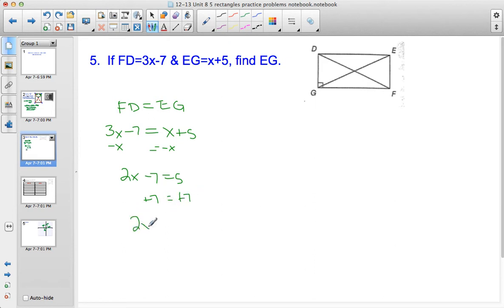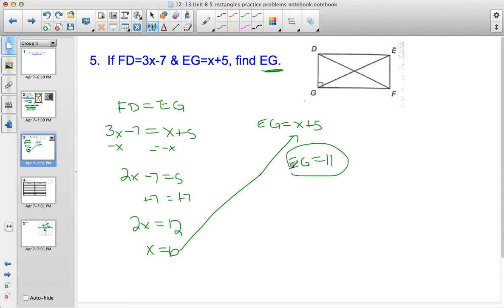Finally, I'll divide by 2, so x equals 6. But what I'm asked to find is EG, not x. So I need to plug that back in. So I was told that EG equals x plus 5. So if x equals 6, then that means EG equals 11.